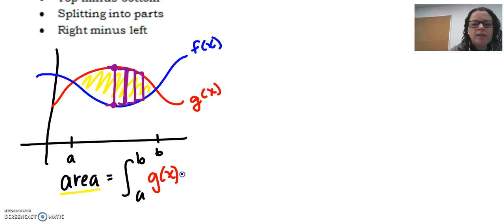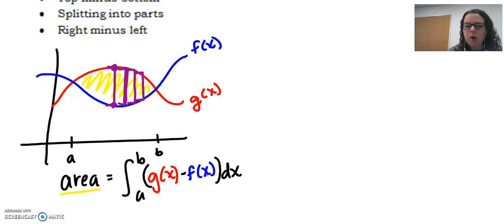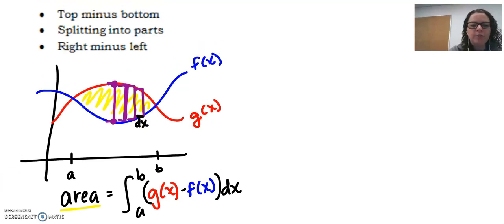So g of x minus f of x, and then I have to make sure that I close out with the width of each rectangle. Okay? This would be slicing perpendicular to the x-axis, which is why our widths here are dx's. It's a change in x representing the width of each rectangle.